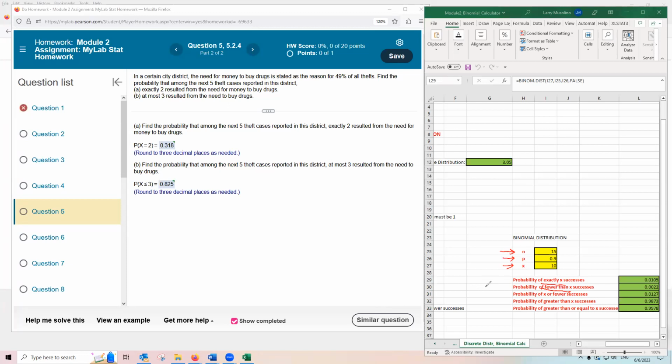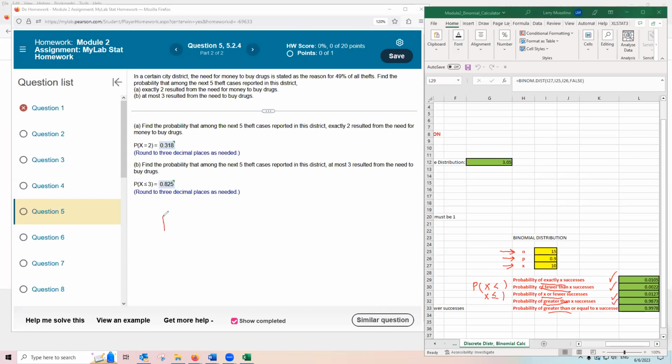This is like a less than symbol here. So this is the probability of X less than a certain number. Here's X or fewer. So this is like X less than or equal to. Probability of greater or greater than or equal to. So depending on the wording of the questions, you can get your answer from one of these 3 boxes.